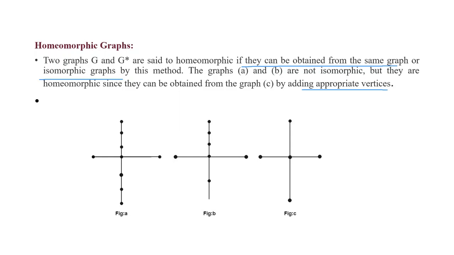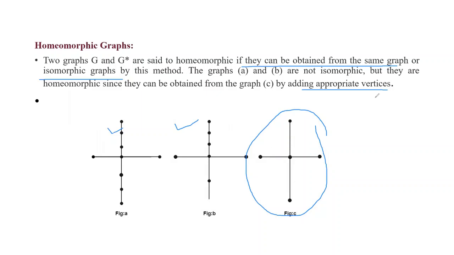see here, this is graph C, your common graph. Using this graph C, graphs A and B are not isomorphic, but they are homeomorphic because they can be obtained from the graph C. So this is your graph C containing 5 vertices.